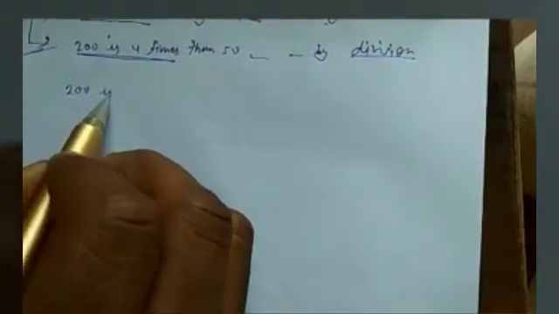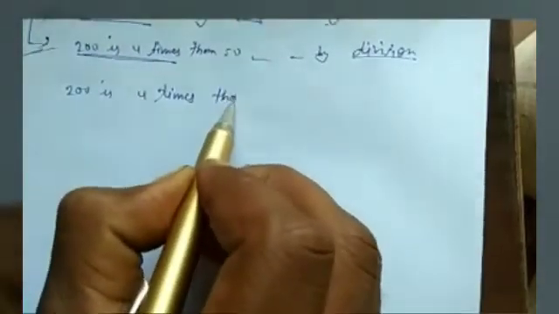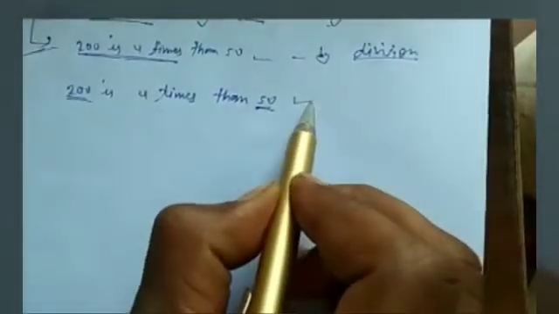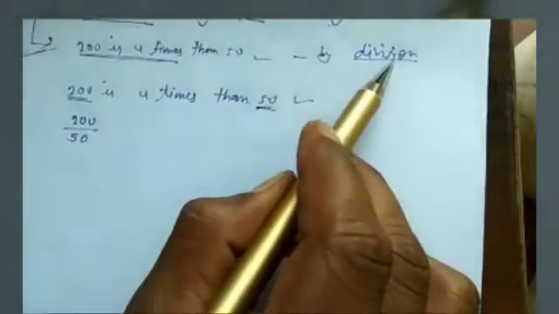In this point we already discussed that 200 is 4 times 50. To find its mathematical relation, we write 200 upon 50 by the division method.